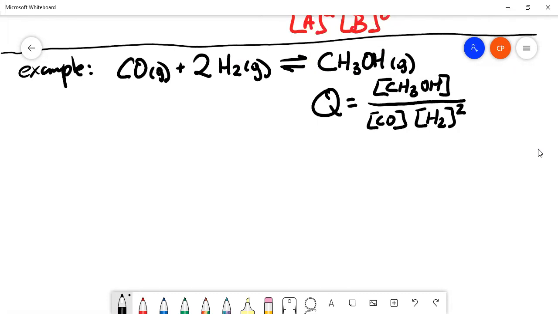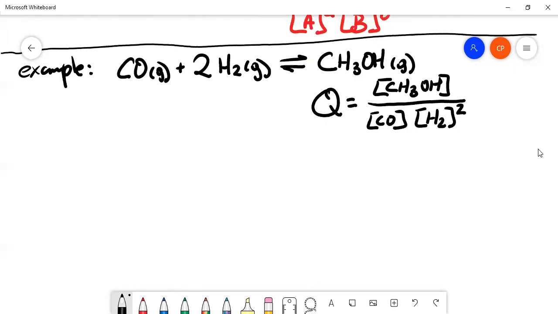Anytime I have concentrations of CH3OH, CO, and H2 in hand, I know that the reaction quotient is going to be the concentration of CH3OH divided by the concentration of CO times the concentration of H2 squared.